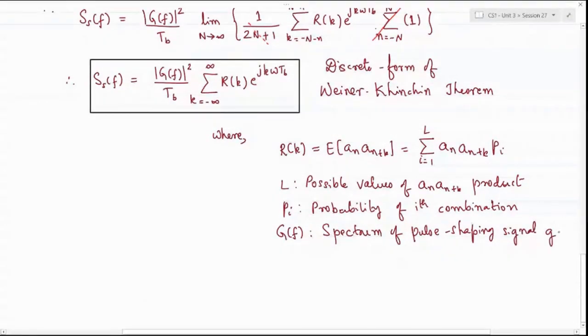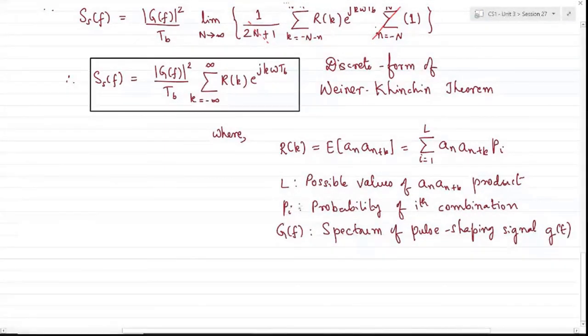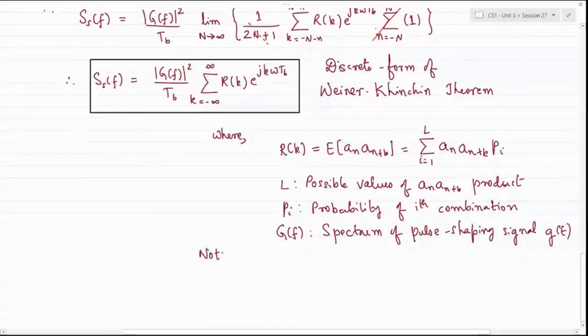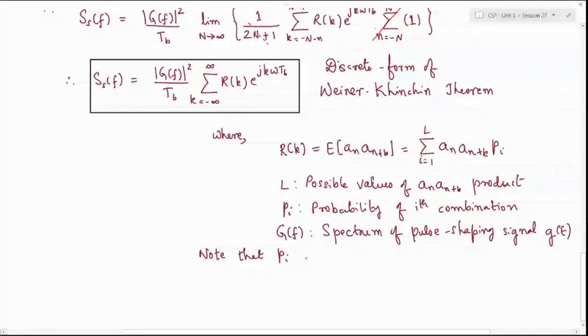Okay. All right. So notice here that pi, which is the probability, should be known. Otherwise, we will not be able to calculate this autocorrelation function and power spectral density. So note that this pi should be known in prior.